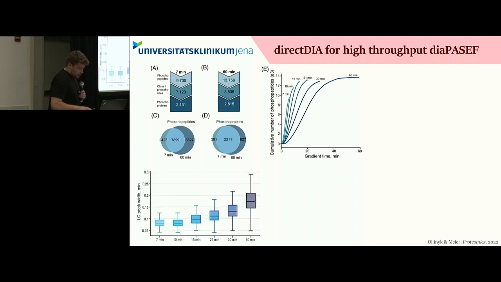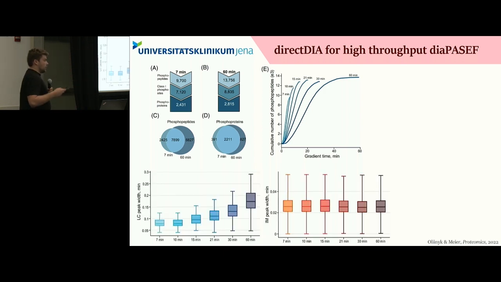This is partially thanks to the ion mobility, because when you go shorter in gradient time, from 60, let's say, to 7 minutes, you obviously compress the peak shape quite significantly, but the resolution in TIMS is not dependent on the gradient time and is constant, which adds a constant degree of resolution regardless of the gradient.